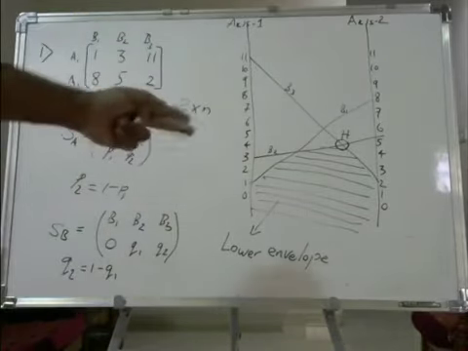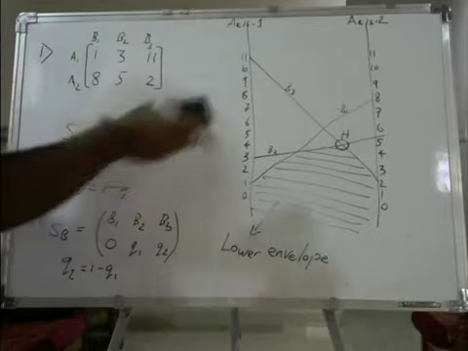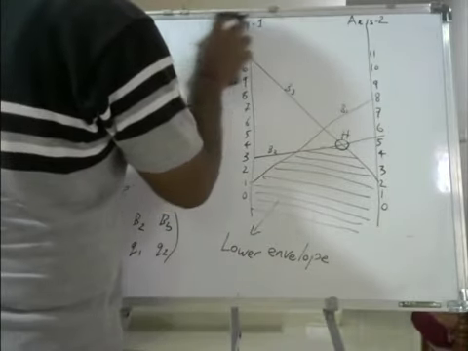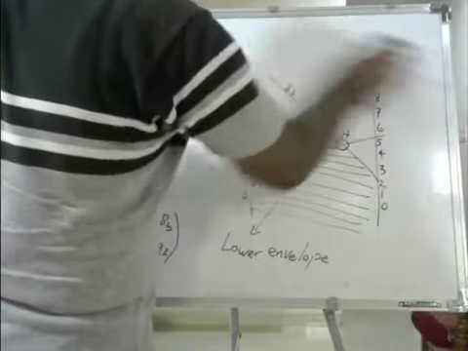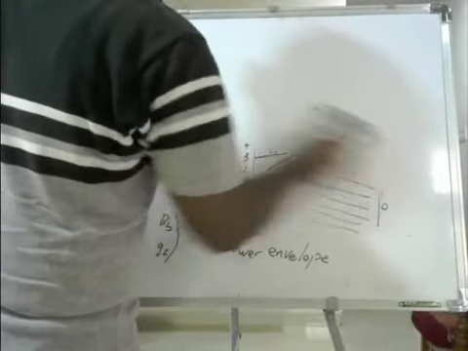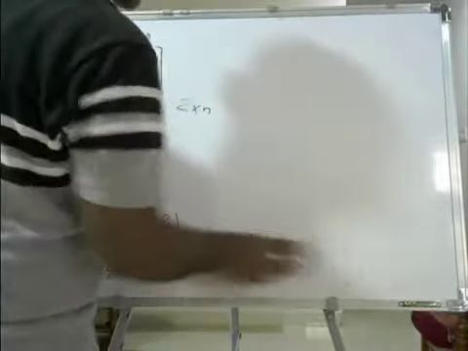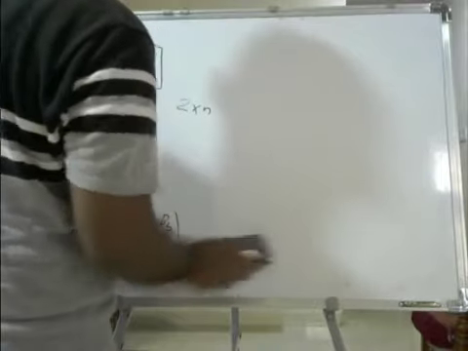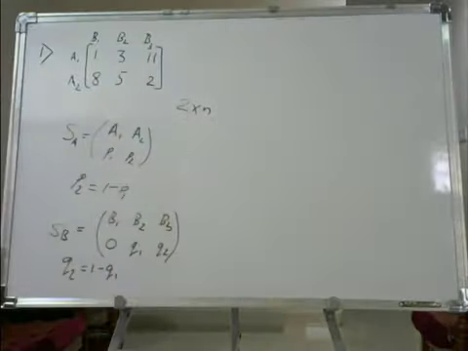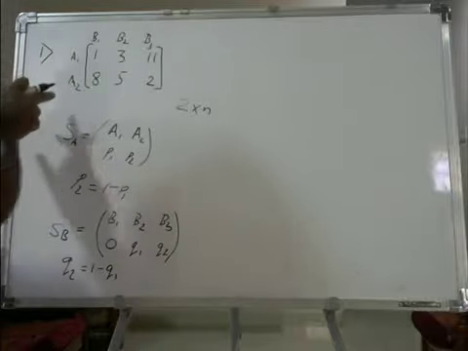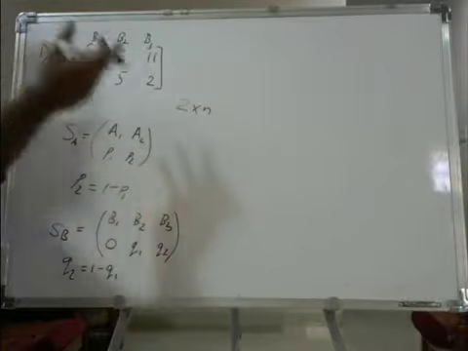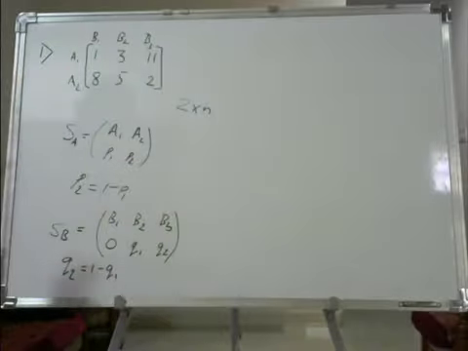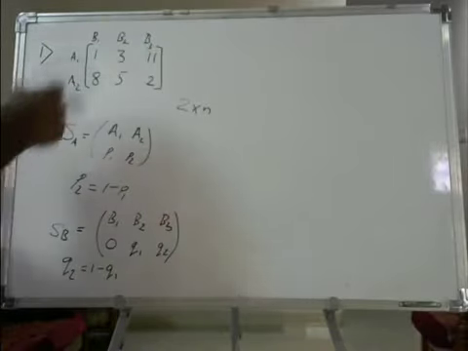So you have drawn the graph and you have got your optimal strategies for player A and player B. Hence, the payoff matrix for player A and player B, the 2 by 3 matrix, gets reduced to a 2 by 2 matrix.